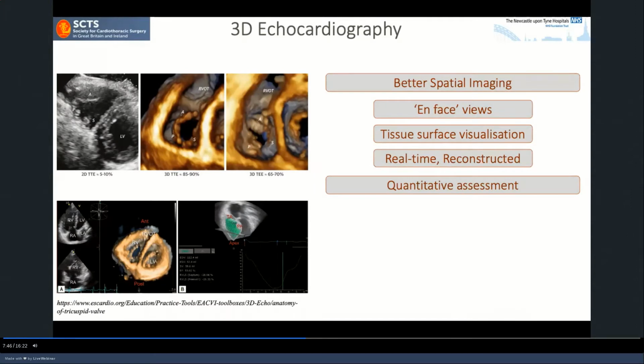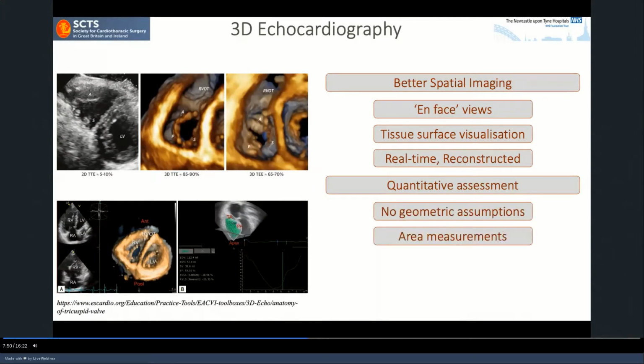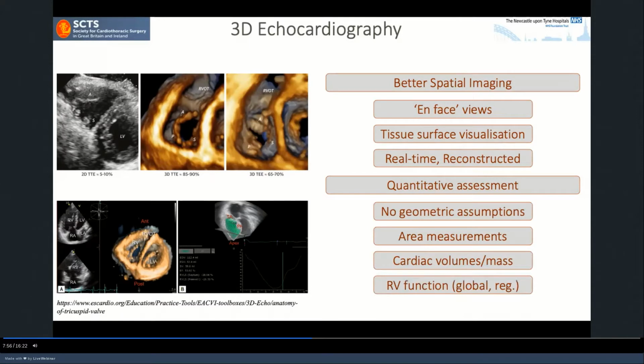The imaging allows you better quantification with no geometric assumptions, area measurements, and volumetric and mass assessments as well.